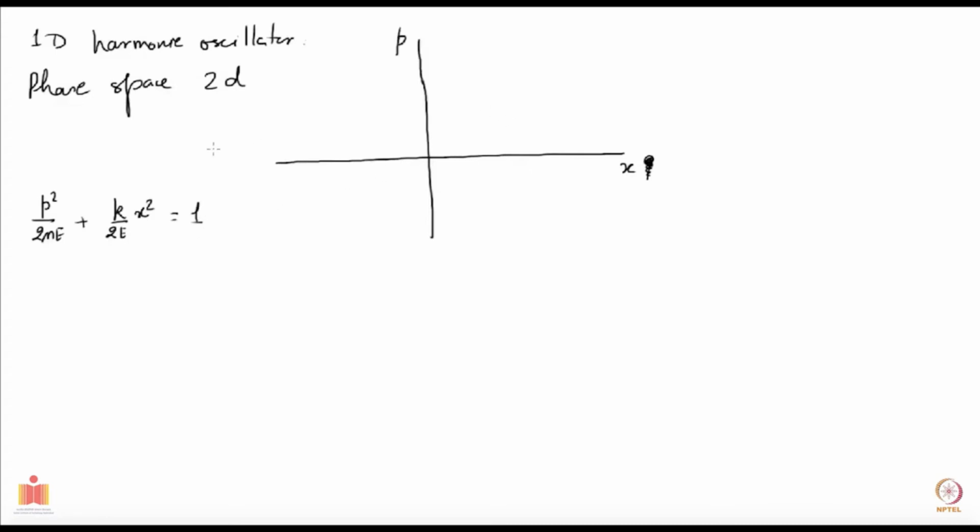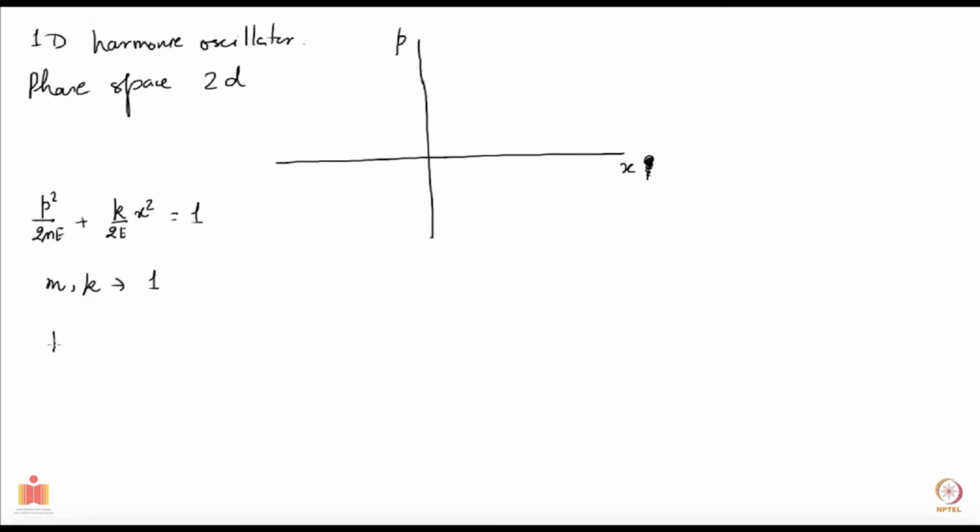Now if you are given one oscillator, then for that oscillator, this is the condition that has to be satisfied. So if you look at what this represents, it represents an ellipse in the xp plane. But for simplicity, let me put all the constants m and k to be 1. Then you just have circles.